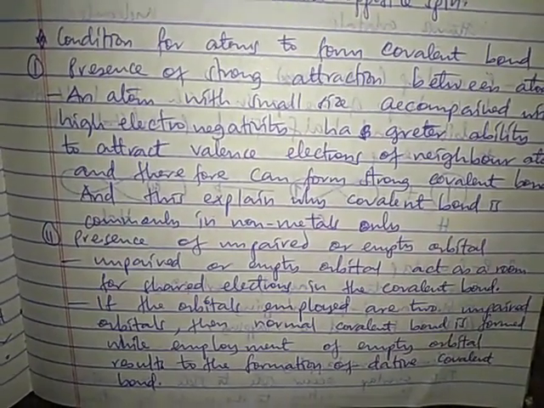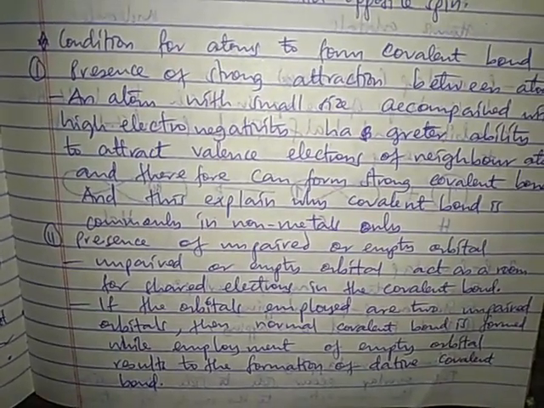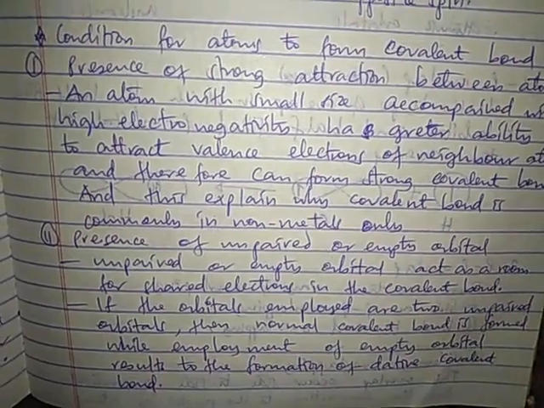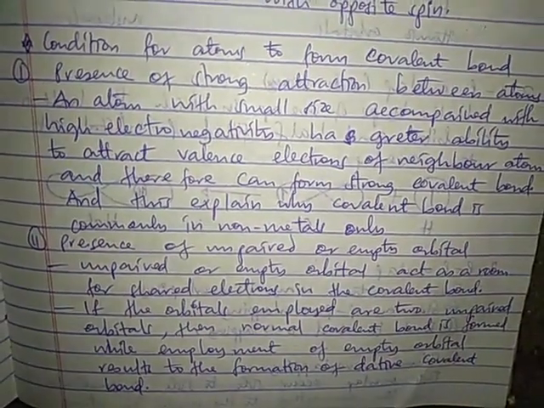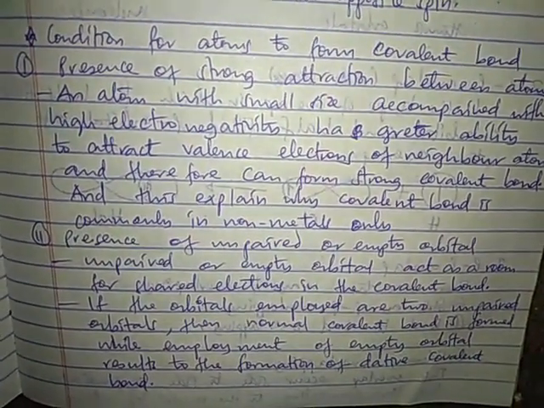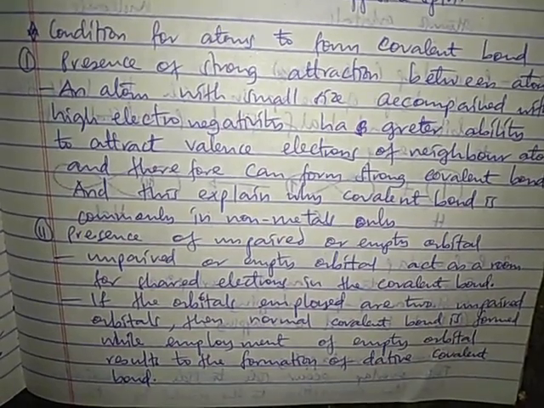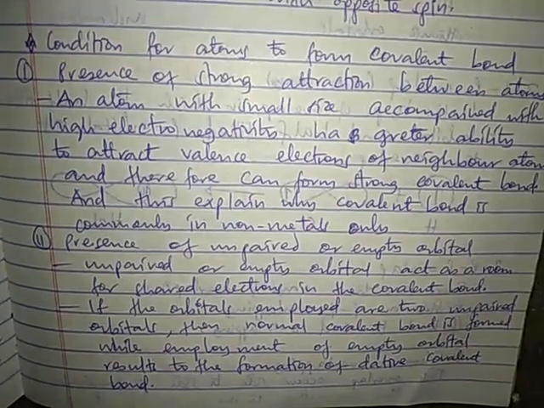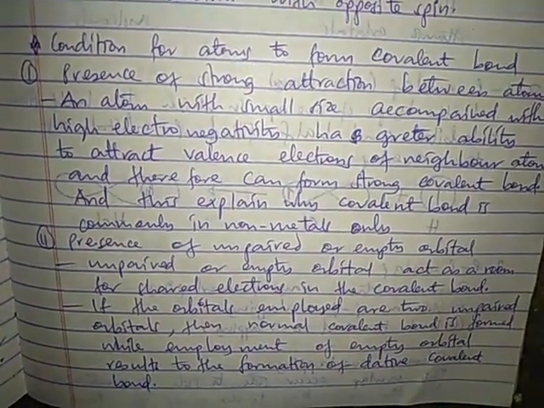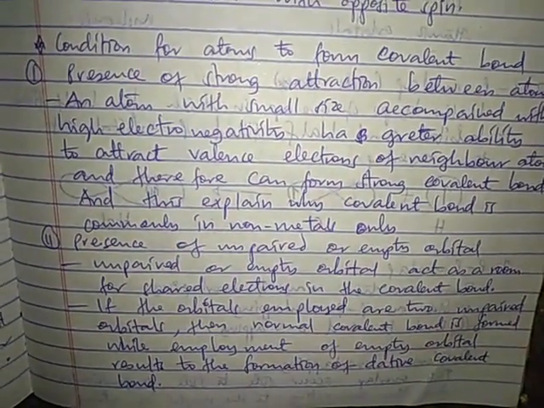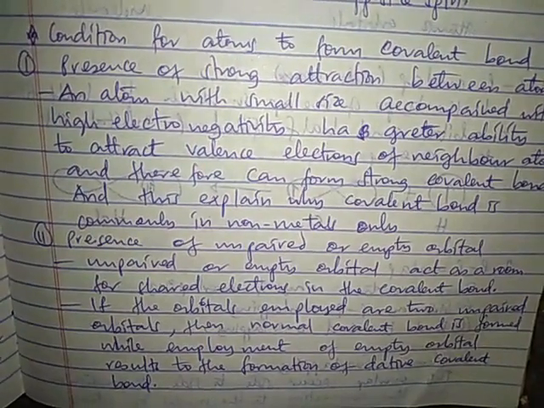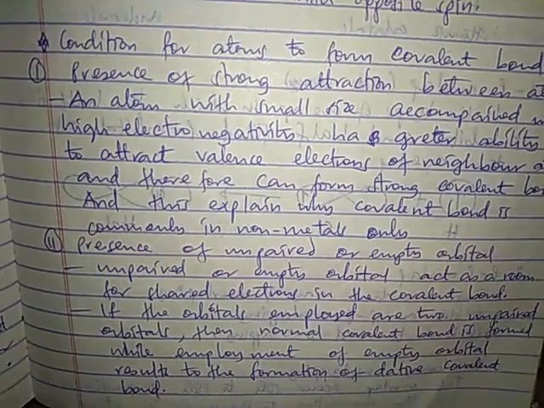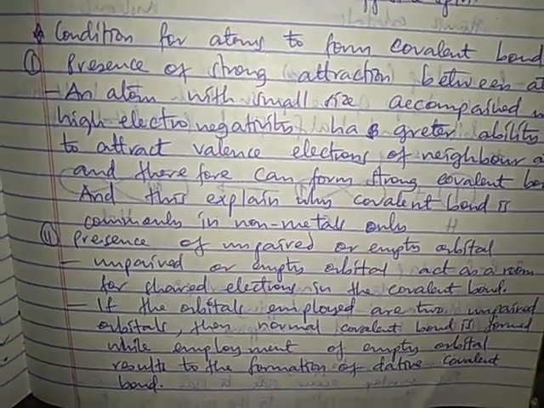High electronegativity allows the atom to attract electrons from the neighboring atoms. So attraction of the valence electrons of the neighboring atoms favors the formation of the covalent bond. And this explains why covalent bond is commonly formed in nonmetals. Why? Because nonmetals always have high electronegativity.